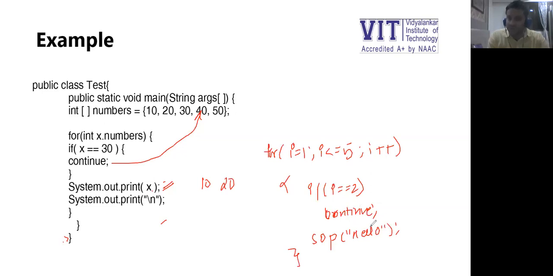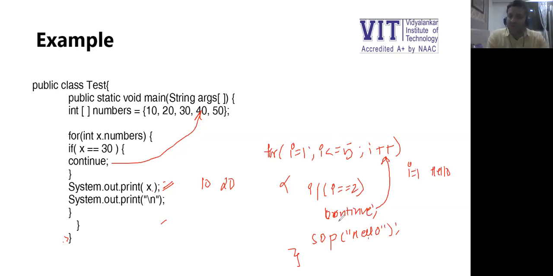Hello is printed. Then i becomes 2, 2 is less than or equal to 5. Yes. Is it equal to 2? Yes. Continue gets executed. Hello will not be printed, and control is directly transferred to the next iteration of the loop. i becomes 3. So for i equal to 1, hello is printed, for i equal to 2 it will not be printed. Then i becomes 3, less than or equal to 5, yes. Is it equal to 2? No. Again hello is printed.